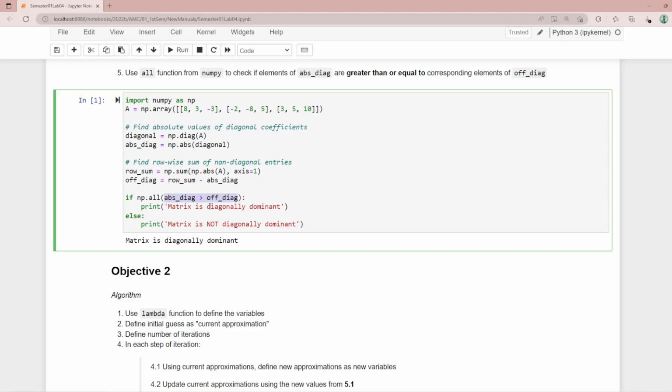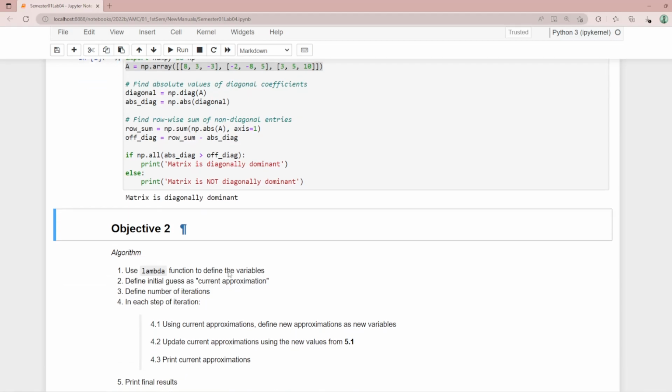If there is even one entry which does not follow this condition, the bracketed term over here would be false, and we'll move to the else condition. Okay, so if we run this program, we shall get that the given matrix over here is diagonally dominant.